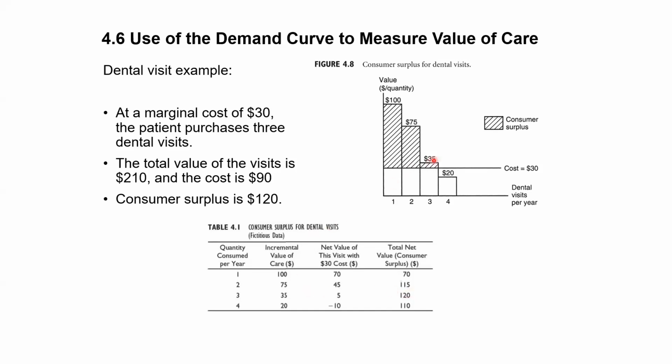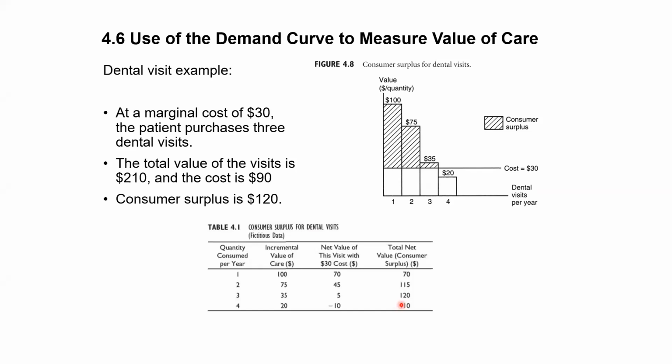Now, assuming that you go for a third visit, the care for that will be valued at $35. Very rapid drop. But the cost is still the same at 30, so 35 minus 30 will give you a net value of 5 for that particular visit. And for the 3 visits that year, adding all of this net value will give you $120.